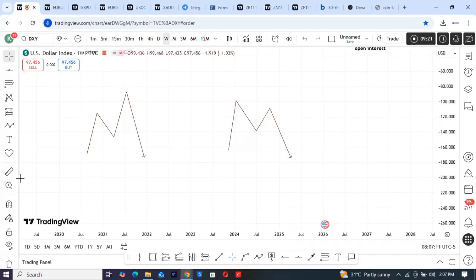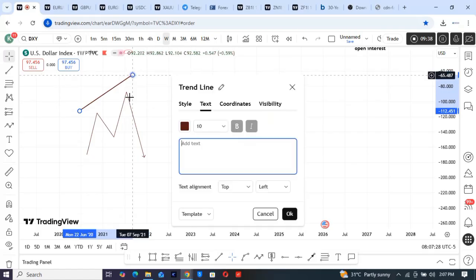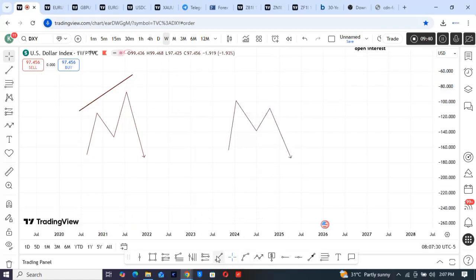When we say institutional price swing, let's say this is our dollar and this is our euro. So we see the signatures in the dollar and the euro accompanied with this institutional price swing over here, where one is accumulated and the other is distributed.